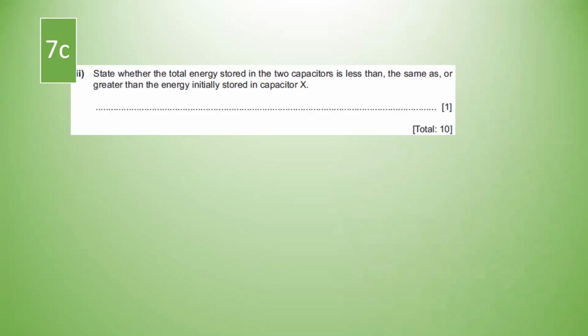State whether the total energy stored in the two capacitors is less than, the same as, or greater than the energy initially stored in the capacitor X. Less than. Why?